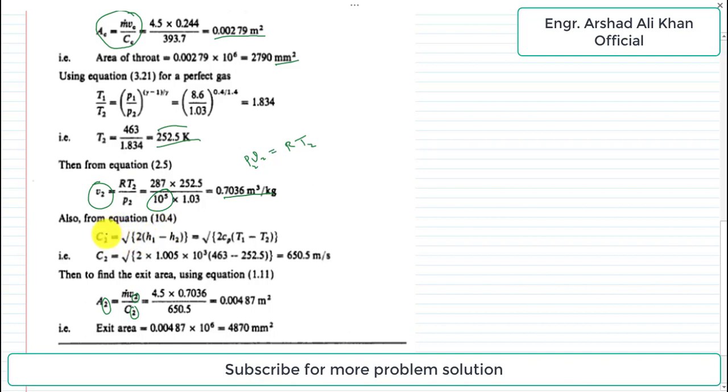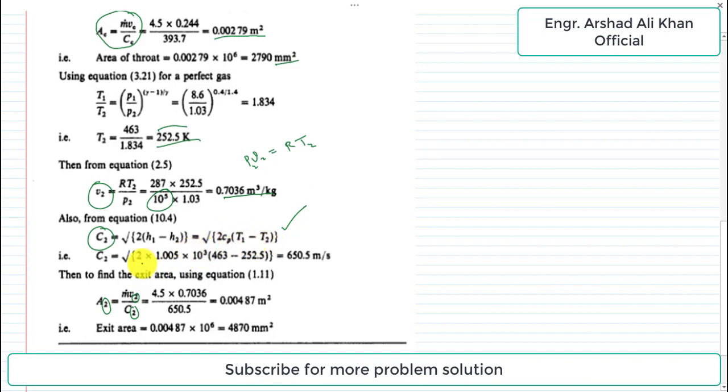Further, to find the value of velocity at exit C2, using the same expression while modifying for the inlet and exit conditions, 2 into (H1 minus H2), where H1 is the enthalpy at the inlet and H2 is the enthalpy at the exit. Expanding in terms of temperature, we can write 2 Cp into (T1 minus T2).